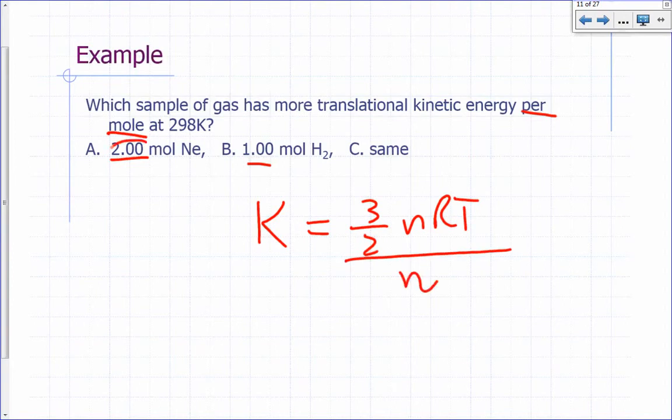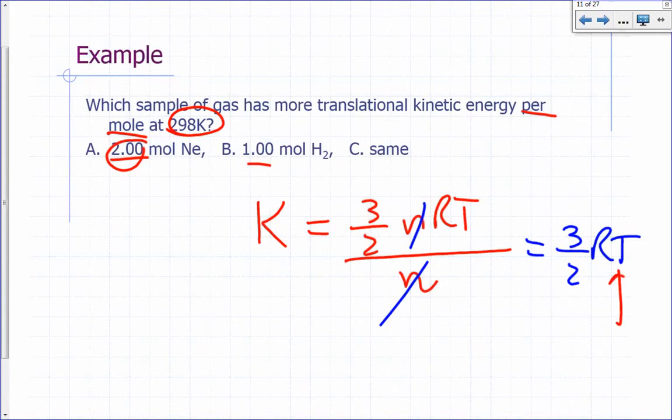So it doesn't matter what n is, right? So that n cancels out. So 3 halves RT is the translational kinetic energy per mole. Since we're looking at the same temperature, same T, the per mole value of translational kinetic energy would be the same.